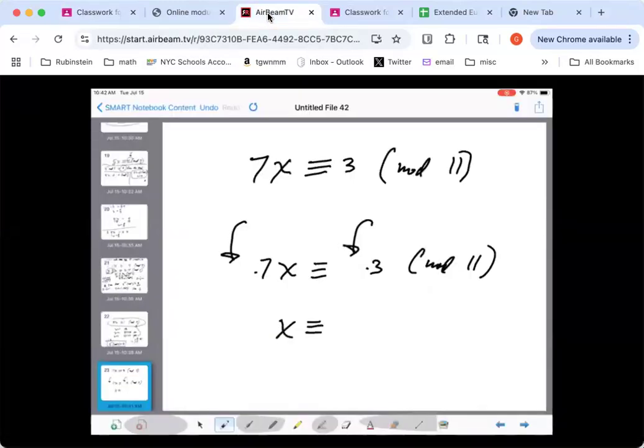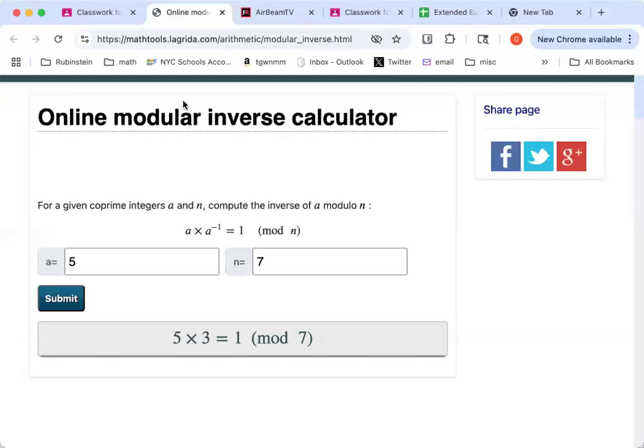I'm going to make a note here. 7 times 8 is 56, which is 1 mod 11. It was on the chart. 8 was on the chart. Also, for homework, you're totally allowed, especially if the numbers are on the chart, to say 7, 11.